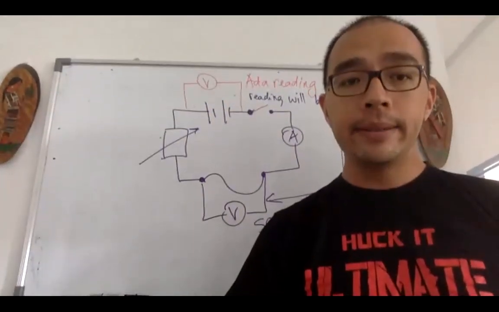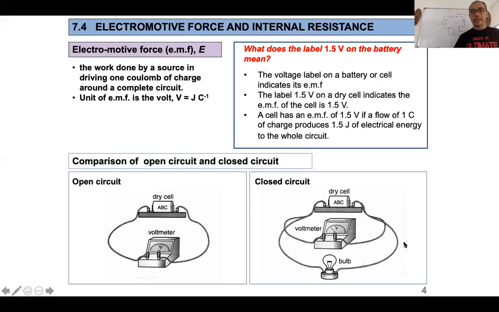And then in a closed circuit, we are already familiar with the closed circuit. If let's say I attach a bulb over here, it becomes the same situation as Ohm's law.